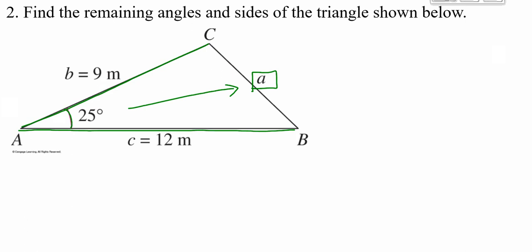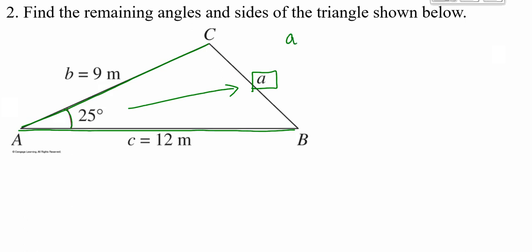So keep in the back of your mind that I'm not necessarily finding the largest side first. So I have an angle that has a possibility of being obtuse, so I have to decide how I'm going to do that after I find this missing side.